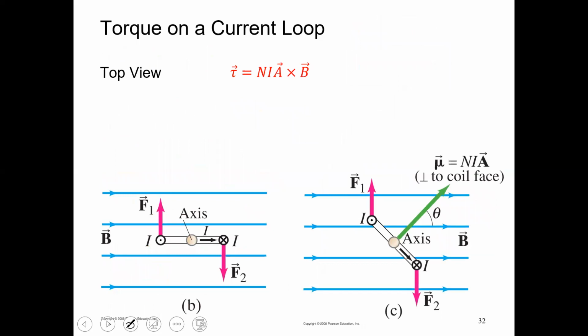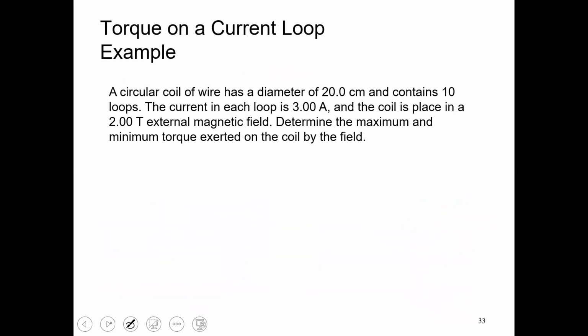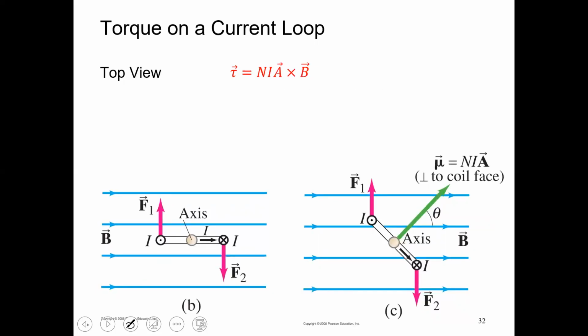Okay, so here is an example with torque on a current loop. So here I've got a circular loop. I've got it described on the other page. I've got a circular loop with a radius and 10 turns of wire, and we're going to figure out the torque, right?